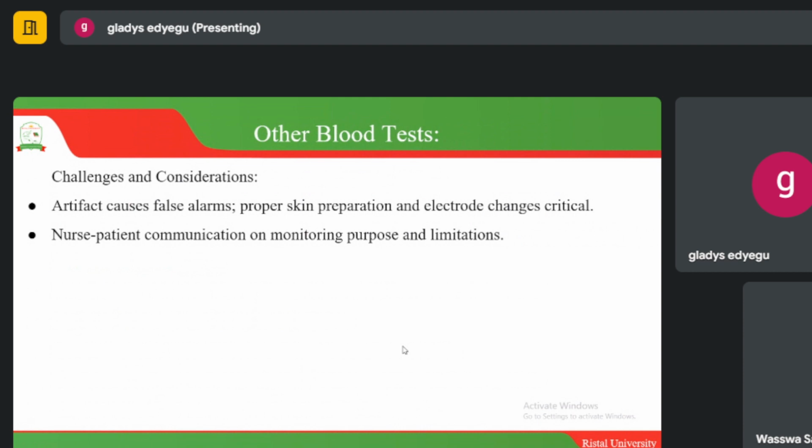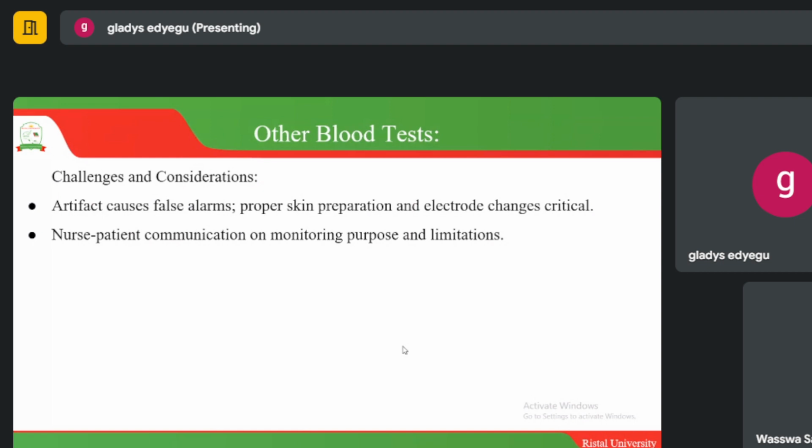It's also key to prepare the skin, because these leads are put on the skin, and they should be able to read what is happening in the heart and be interpreted according to the findings.